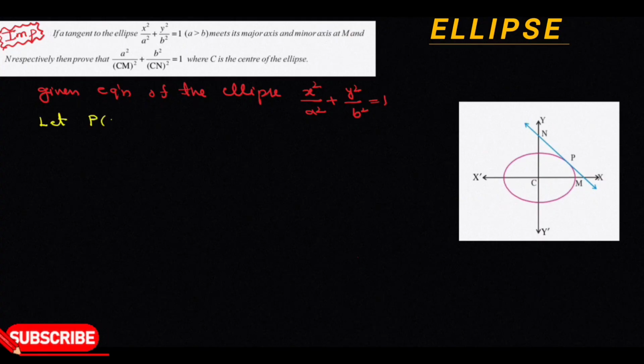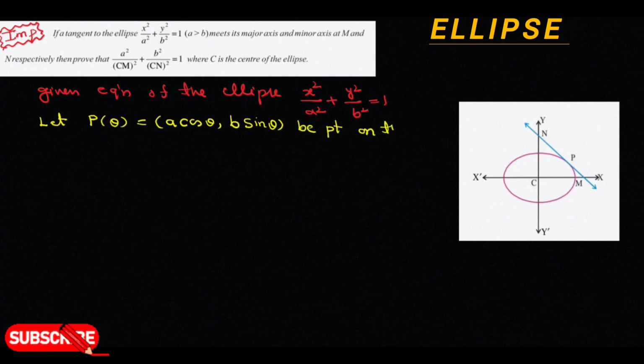P of theta is equal to (a cos theta, b sin theta), a point on the ellipse. It is the parametric point of the ellipse, parametric form x equal to a cos theta, y equal to b sin theta.